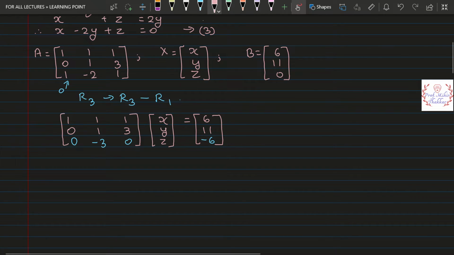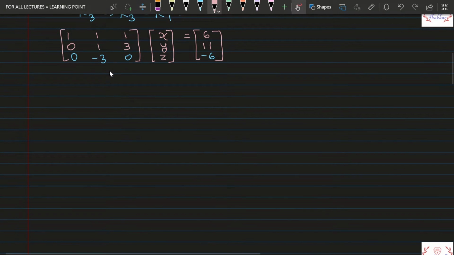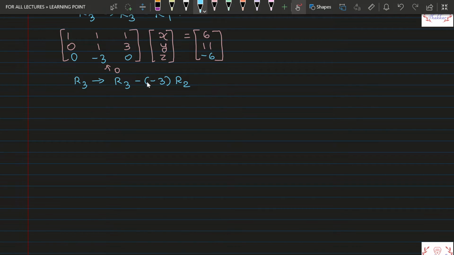Now when I talk about the next element, we also require a 0 in this position. Again the transformation will be on R3, and the transformation is R3 changes to R3 minus negative 3 into R2. Either I can write it like this, or I can say R3 changes to R3 plus 3 R2.